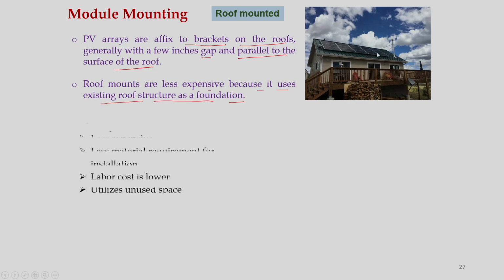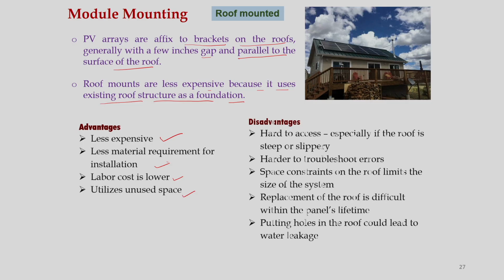Okay. So, what are advantages of this kind of configuration? It is less expensive, less material requirement for installation, then labor cost is lower, then utilizes unused spaces. Okay. And what are the disadvantages? It is hard to access, especially if the roof is steep or slippery. So, it is very difficult to climb here to fix those panels, and harder to troubleshoot errors.